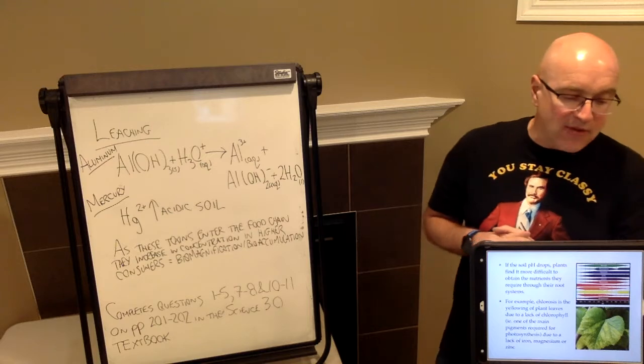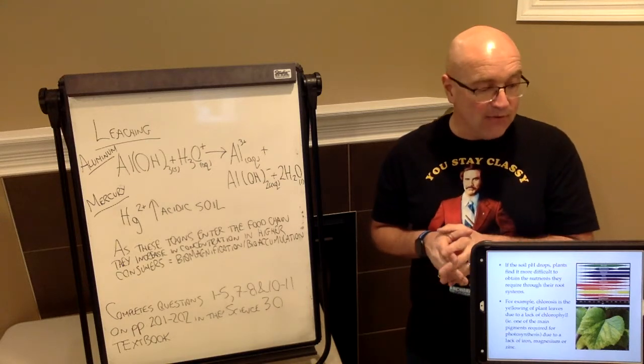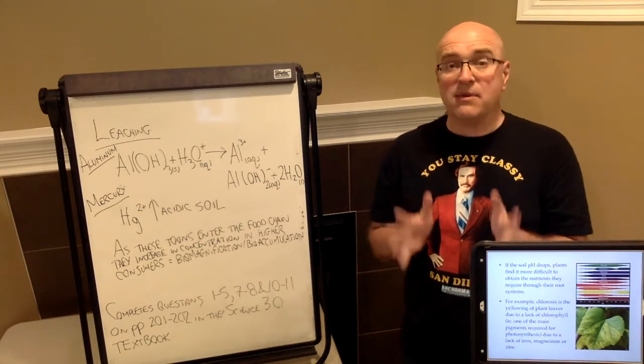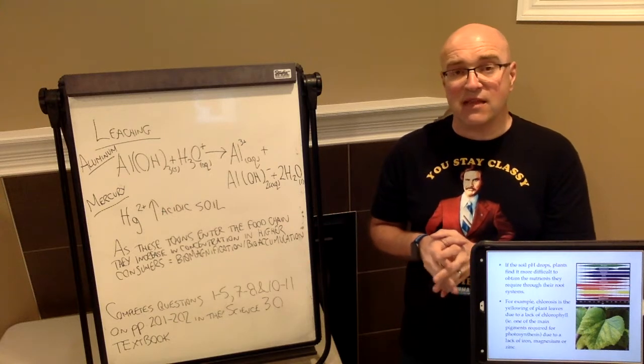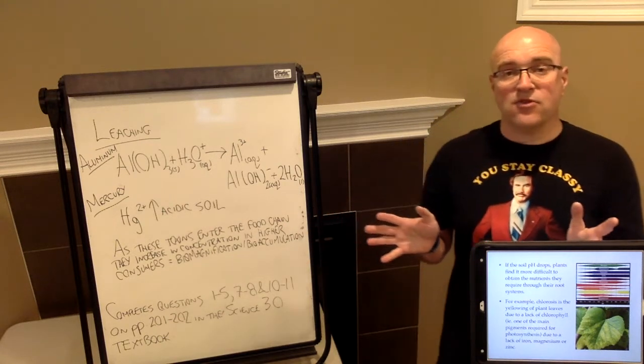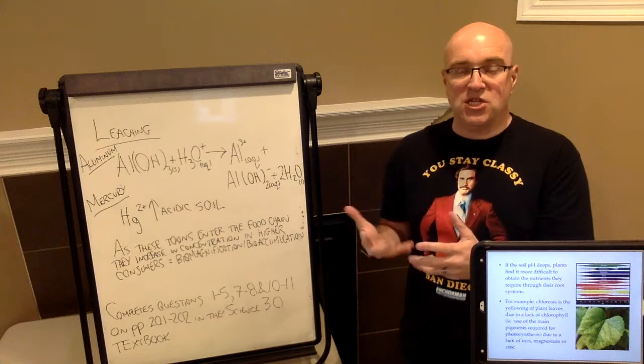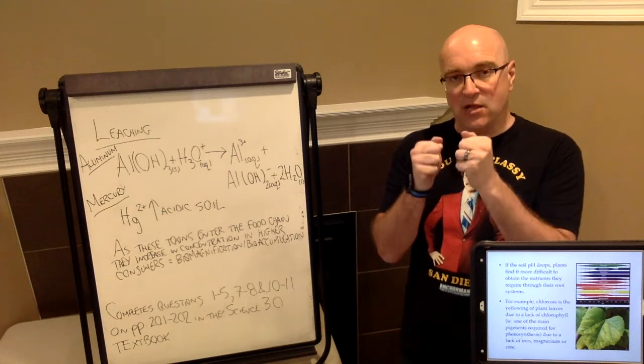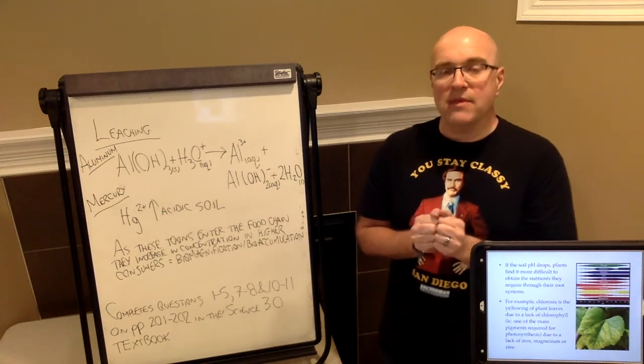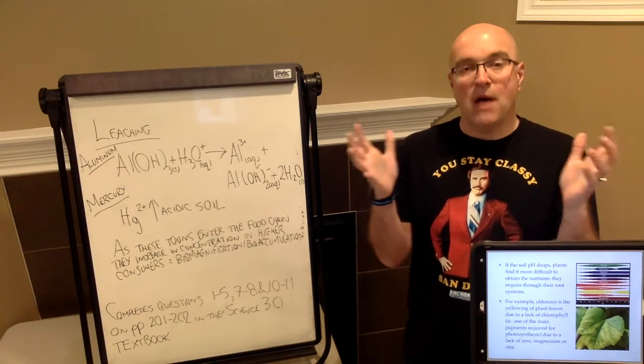So as the pH of the soil drops, plants will find it more difficult. In some cases, they'll find it more difficult to actually get these nutrients at all. Because the pH of the soil changes, some of these nutrients will get locked in the soil. They'll essentially just not be available.